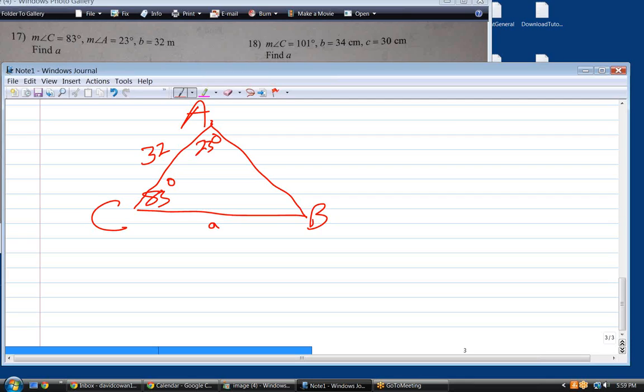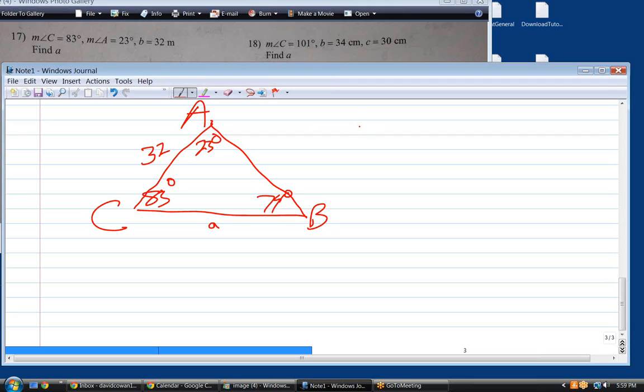What do we need to do here? Well, we can find angle B. Let's do that. Because at this point, we do not have a relationship that the law of sines requires. It's 74 degrees. And there's also no possibility of ambiguity. So let's set it up.